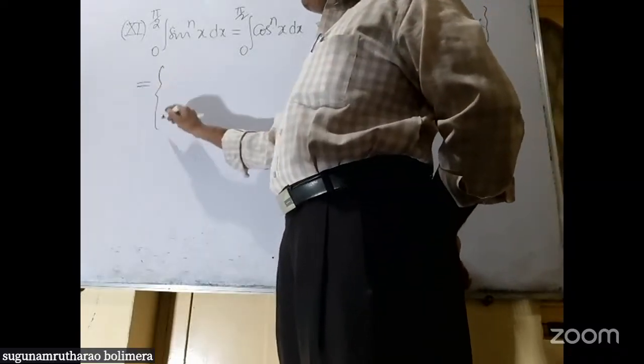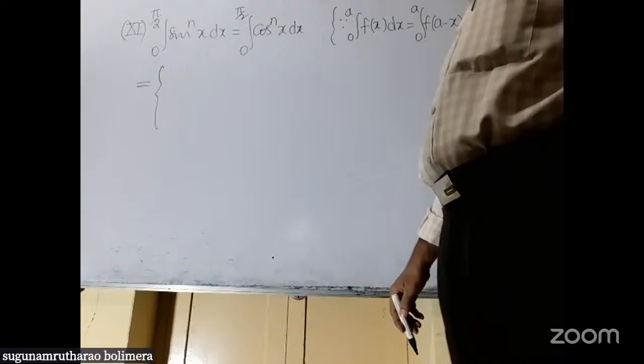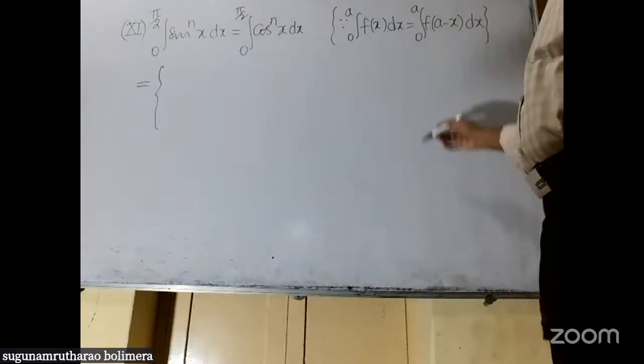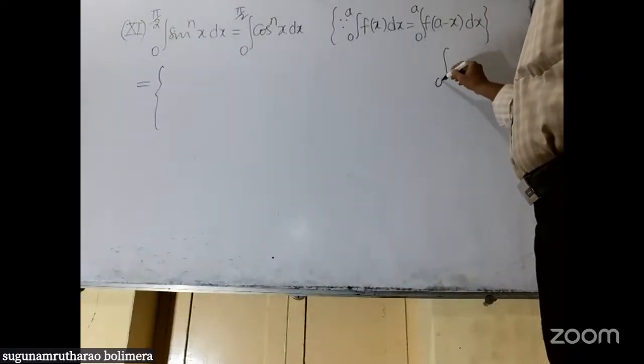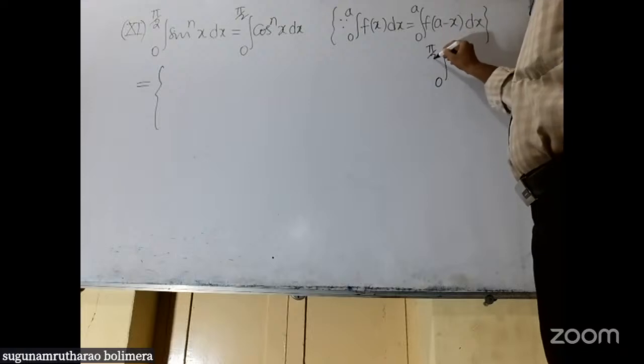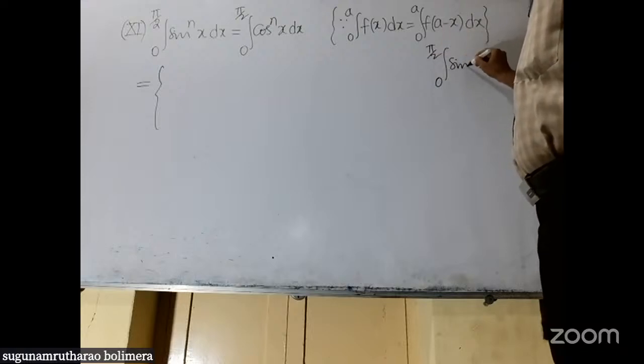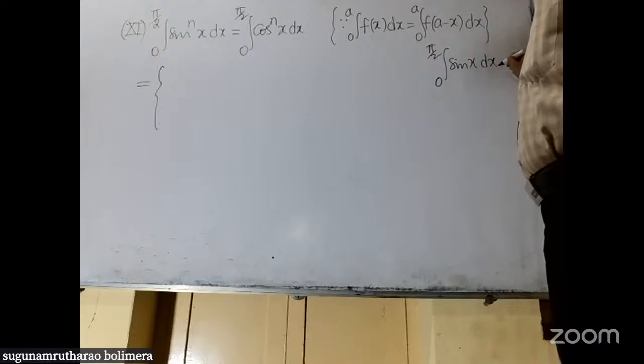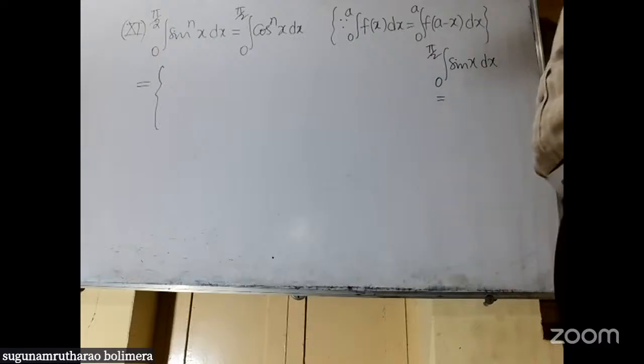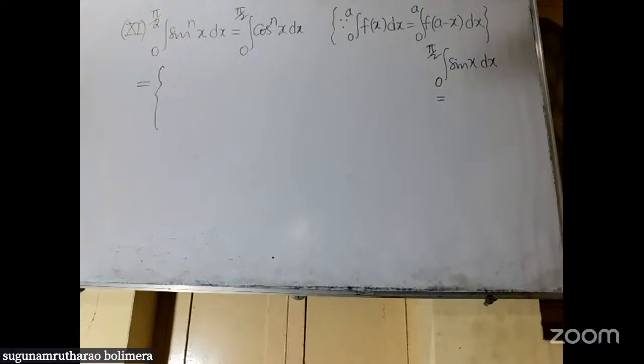I'm going to give you some simple things. Integral 0 to pi by 2 sin x dx is equal to how much? The derivative of sin is plus cos, so the integral of sin will be minus cos.